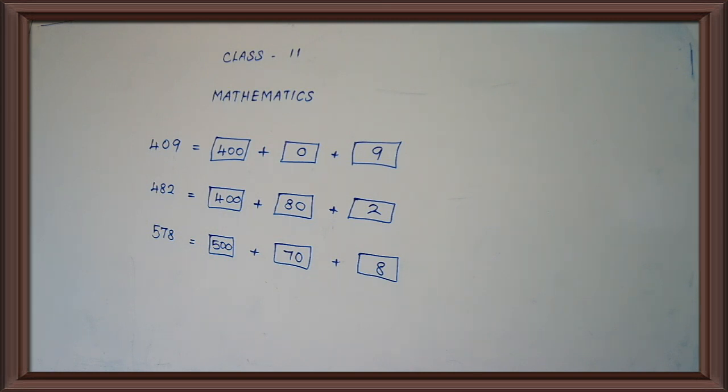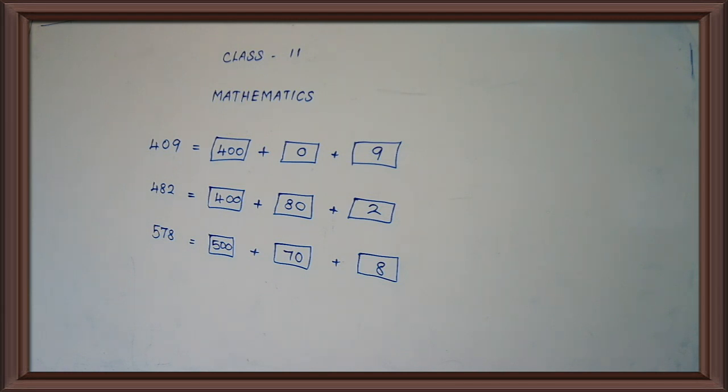Okay. Then I, J, K, L, M, N, O, P questions are there. Is that no, children? Yes. From I to P question, you do yourself. I to P questions, you must do yourself.